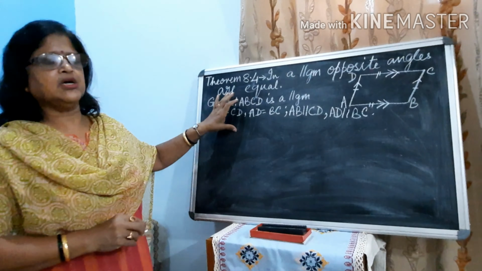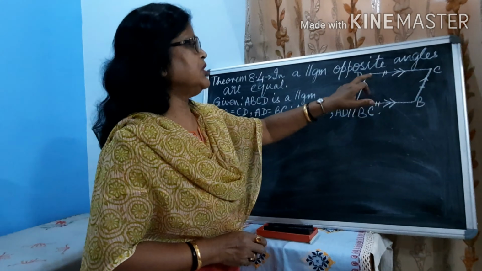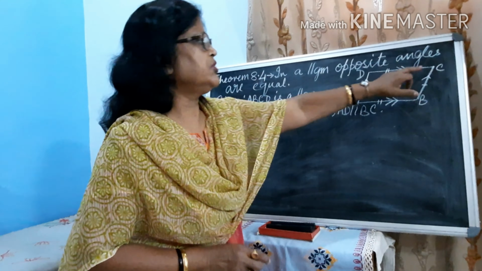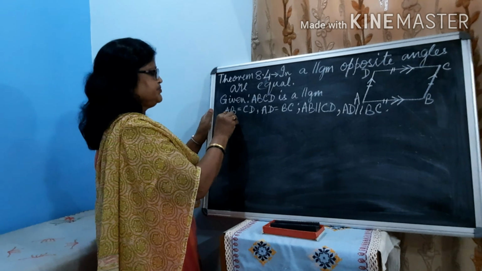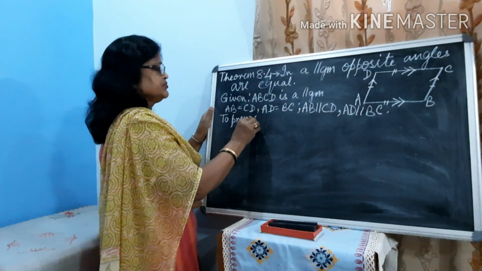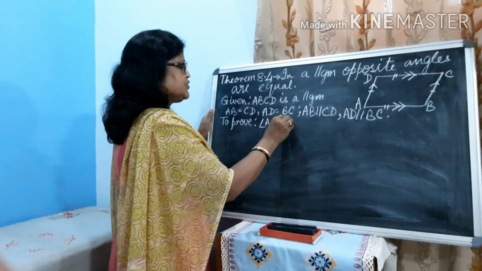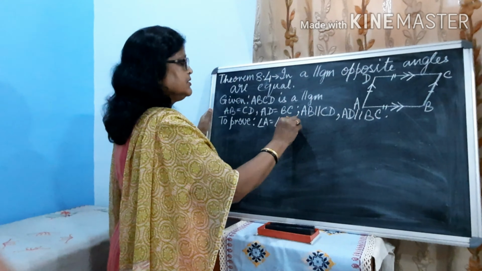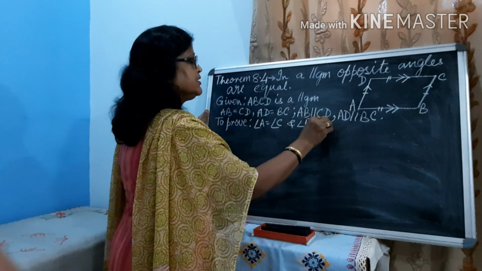With this much data, we have to prove the opposite angles, like angle B equal to angle D, angle A equal to angle C. Write down next: to prove, angle A equals angle C and angle B is equal to angle D.